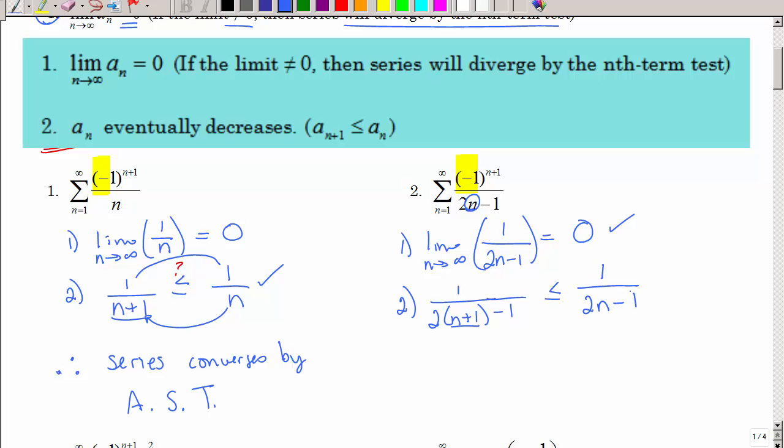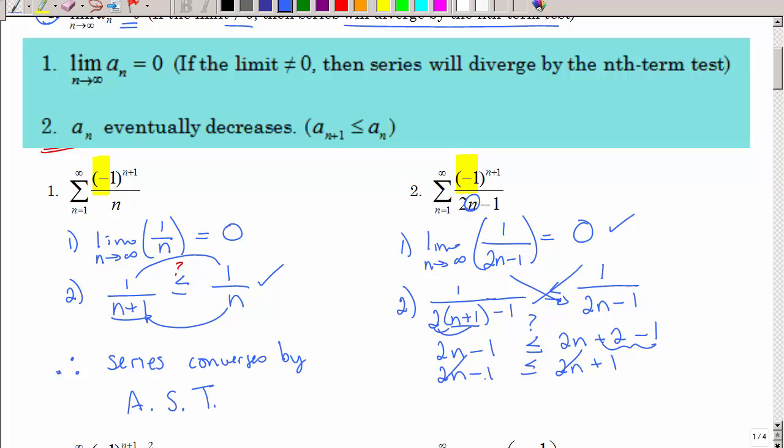Well, again, you have a bigger denominator, but if you want to go one step further, we could just cross multiply, being careful of that order. So we have 2n minus 1. Is that less than or equal to, and I'm going to distribute, 2n plus 2 minus 1, collecting like terms.